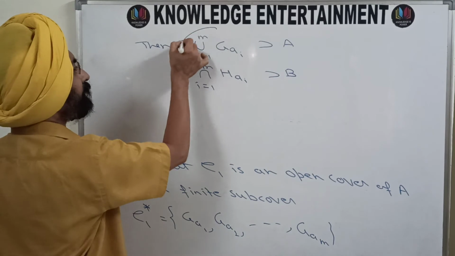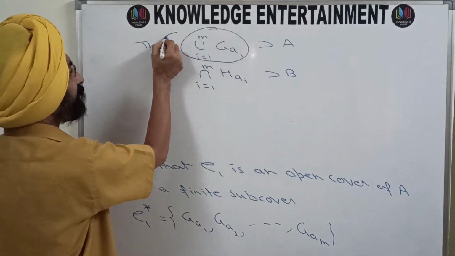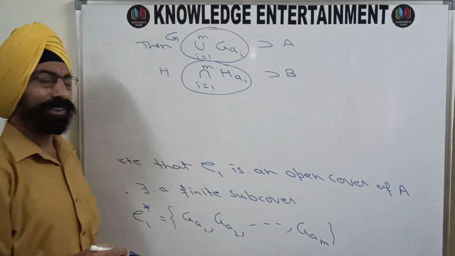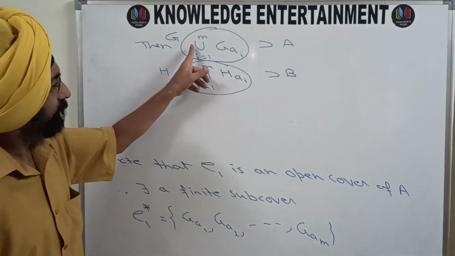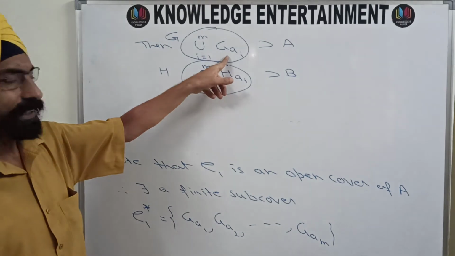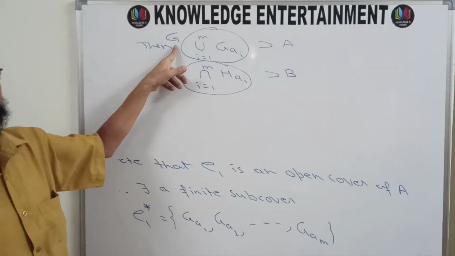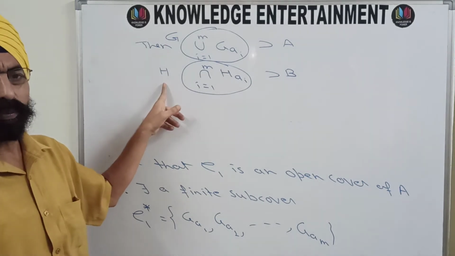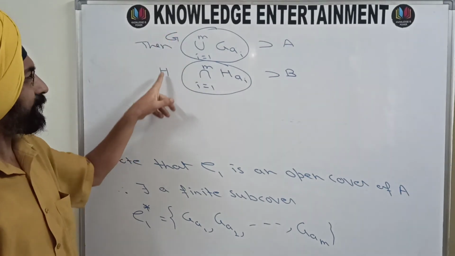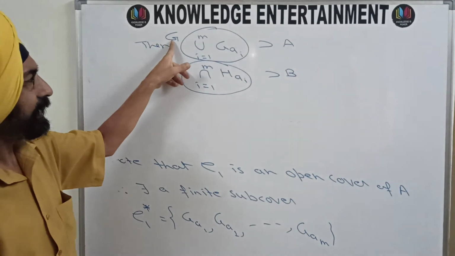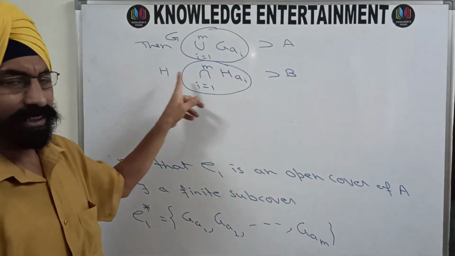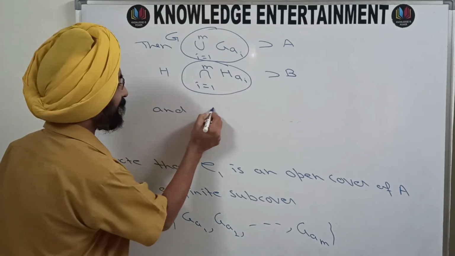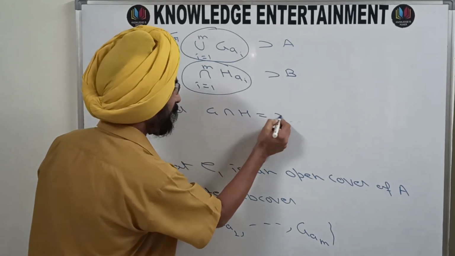Name this set as G, name this set as H. Finite union of open sets is an open set, so G is open. Finite intersection of open sets is an open set, so H is also open. So there are two open sets, G and H. G contains A, H contains B, and G intersection H is phi.